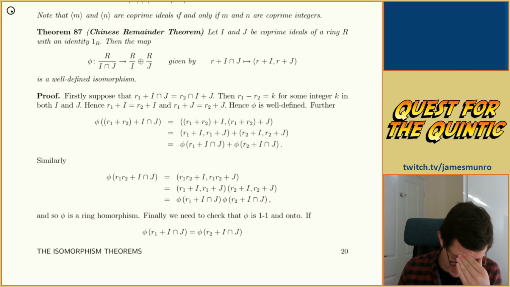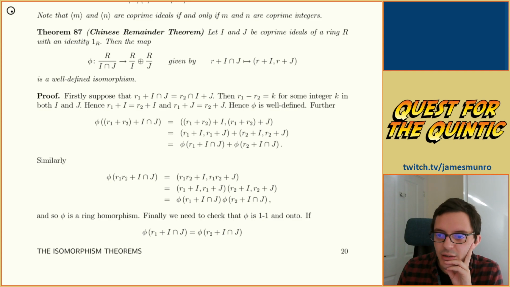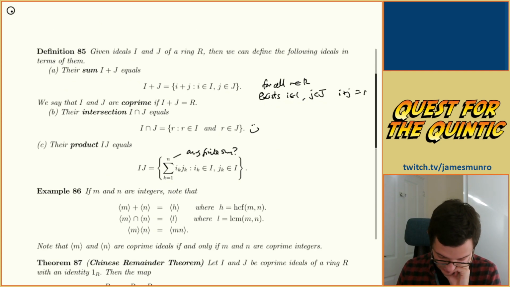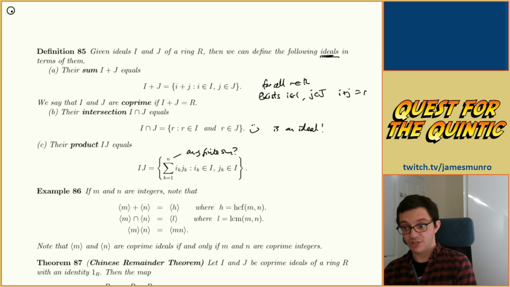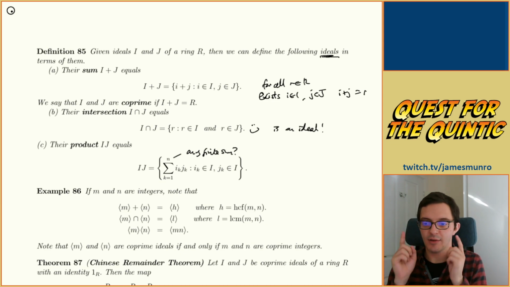So, if you see something where R is quotiented by I and J, is that an ideal for the intersection? The following ideals. There's a big claim here. That's an ideal. You check it. If you multiply, then it will be in both. Fine. Is it closed under addition? Well, if you have two things, they're in both.